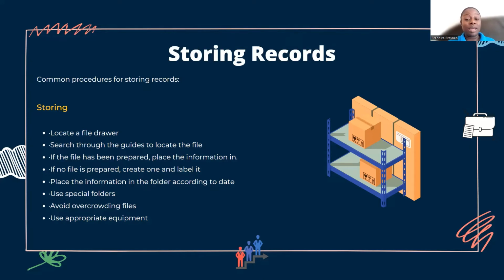If a file is too big and it can't close and it's harder to take out, then maybe you want to close that file and create a more current file with some documents in it. That makes life easier, because having overcrowded files only means it's harder to pull documents out and harder to find the information that you're looking for.